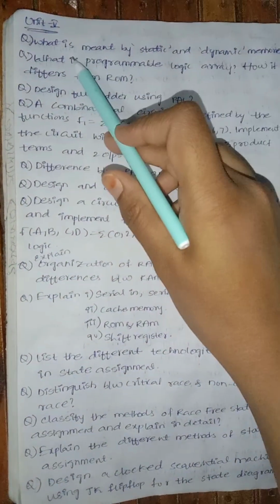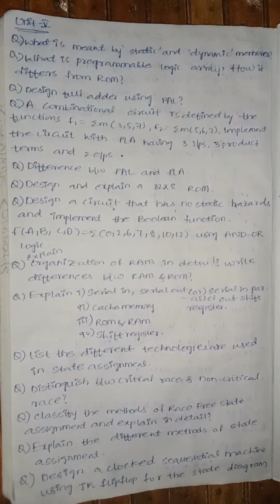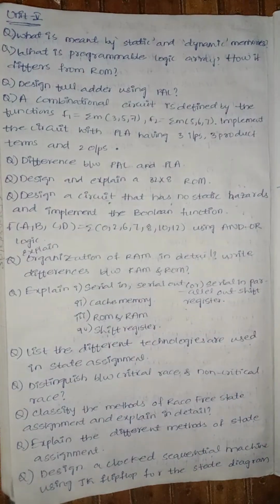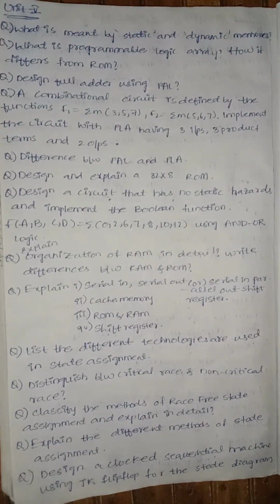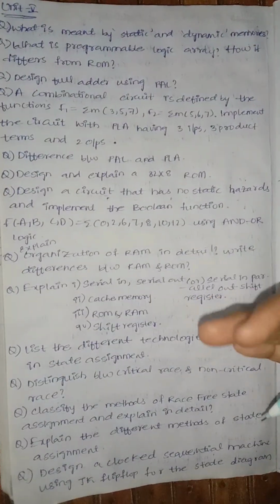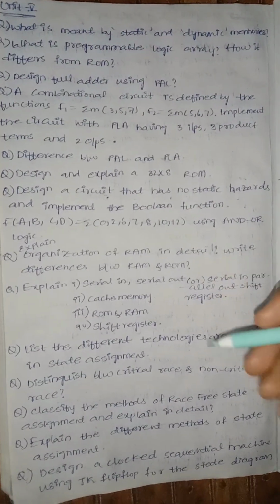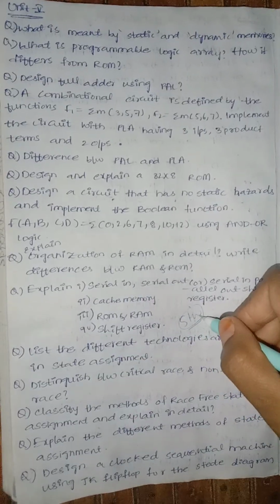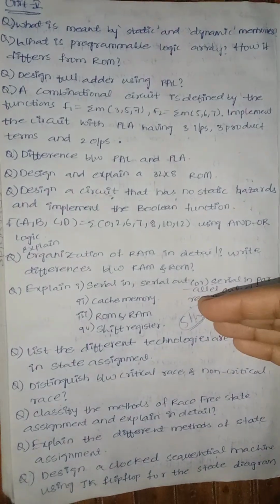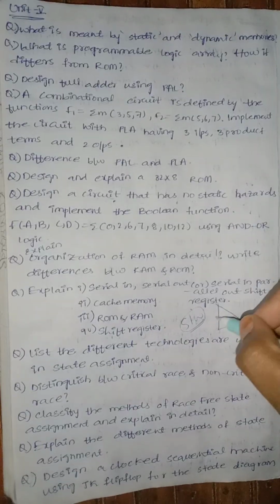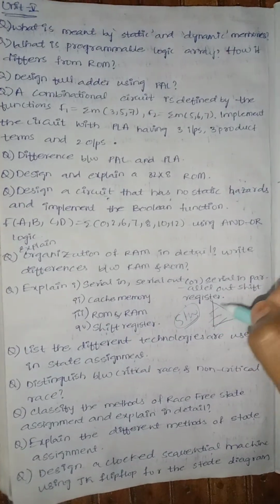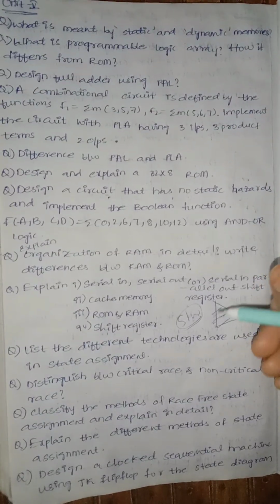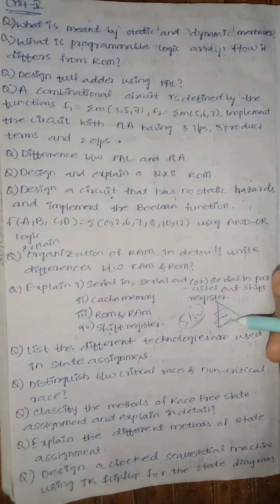When coming to the 5th chapter, it is important to learn RAM and ROM differences and organization of data, organization of RAM storing and ROM storing, cache memory. It is related to software components, cache memory, memory hierarchy concepts. We need to draw the hierarchy and explain each step in detail.